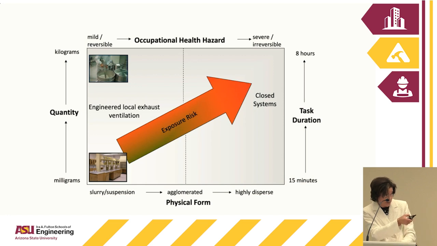If it's higher concentrations, mild, irreversible, you really don't need anything other than really good general ventilation because it's a slurry. When you start to have more powder forms and you have higher hazards, then you need to have better local exhaust ventilation systems, and there's a ventilation ring around that port where the powders are going through.